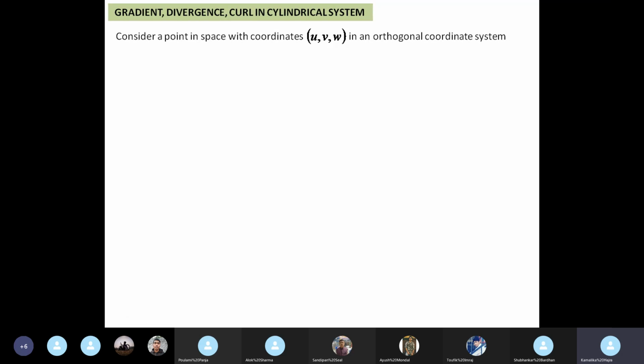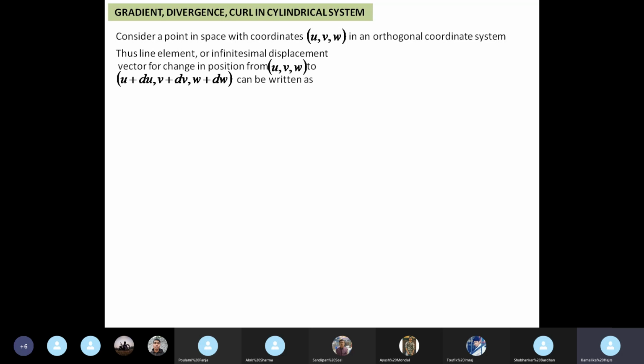So, suppose we consider a point in space with coordinates u, v, w, and we are in an orthogonal coordinate system. So now instead of u1, u2 and u3, I am using the coordinates u, v, w, the curvilinear coordinates in an orthogonal system. We are not considering non-orthogonal systems.